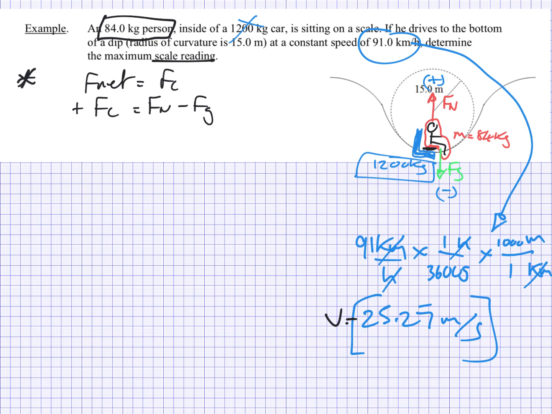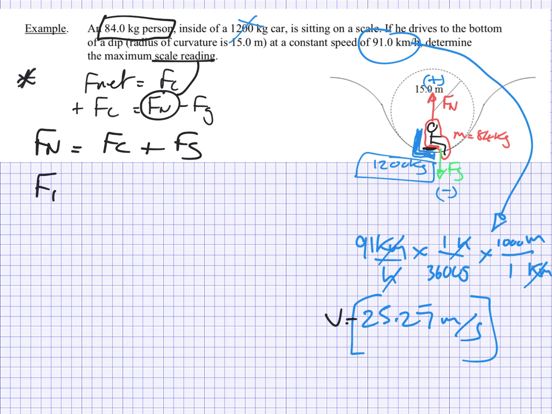Well, actually, first of all, I'm solving for the force normal. That's going to give me my scale reading. That's the thing I'm looking for. So the force normal is Fc plus Fg. Now that makes me happy, because I know that at the bottom of the ramp, I'm going to experience the heaviest apparent weight. So adding these forces together makes me feel comfortable that I've got a larger force.